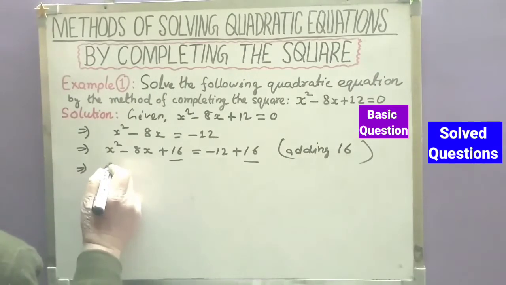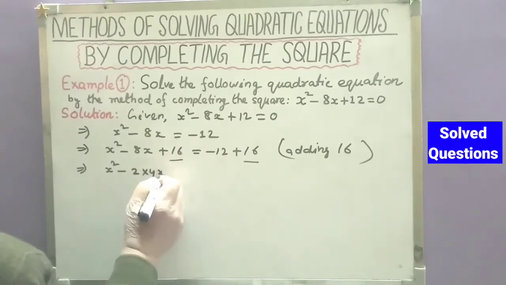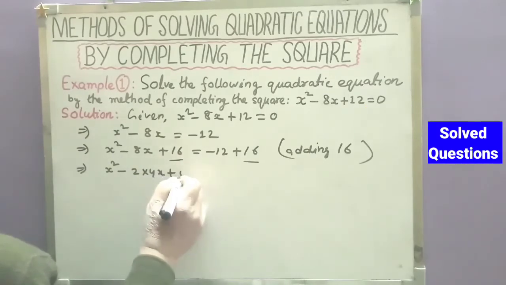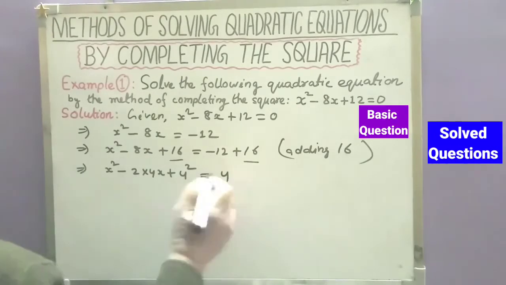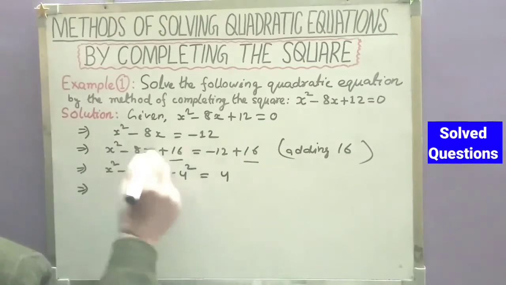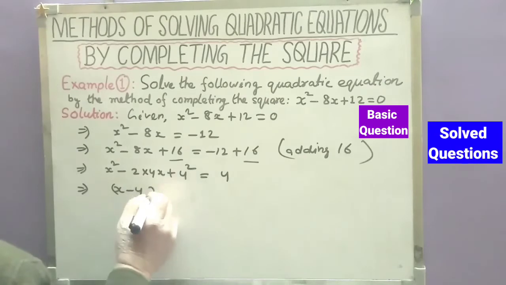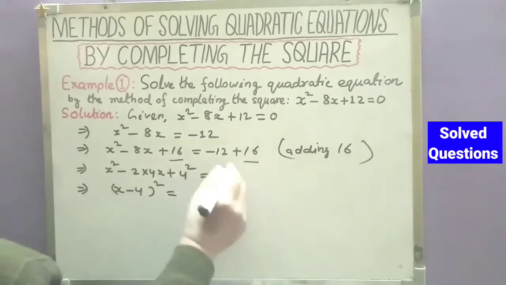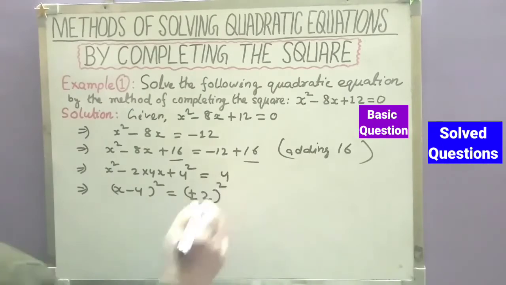That implies that x square minus 2 into 4x plus 4 square equal to 4. So this is just a minus b whole square, meaning x minus 4 whole square equal to whole square of plus minus 2.